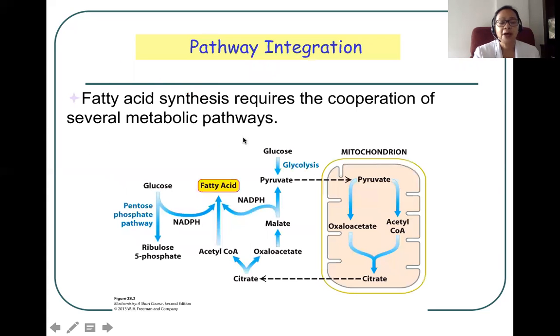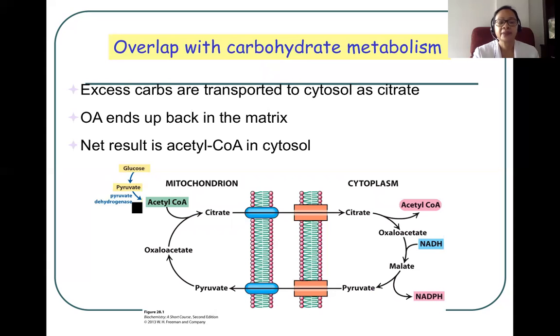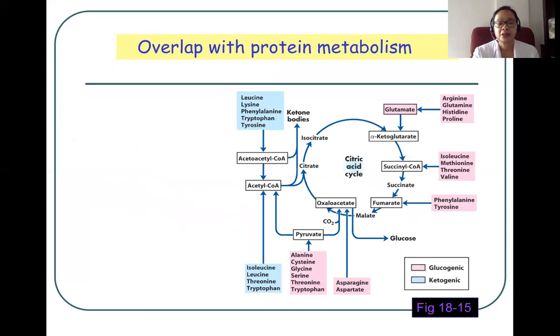So when you say fatty acid synthesis, it requires cooperation of several metabolic pathways. You will be able to understand and appreciate fatty acid synthesis if you can still remember what happened during your glycolytic pathway. This is how fatty acid metabolism and carbohydrate metabolism overlap.